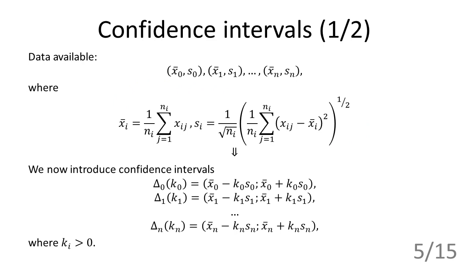What is crucial is that we do not possess any other initial data. For example, the amount of these observations in each group and their own characteristics are unavailable. In any case, from now, saying the word observation, we mean a mean-standard deviation pair, which is at our disposal. So, applying the Chebyshev inequality to these observations, we can introduce so-called confidence intervals.